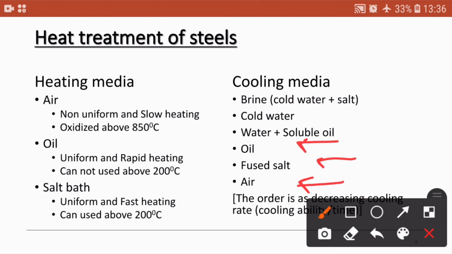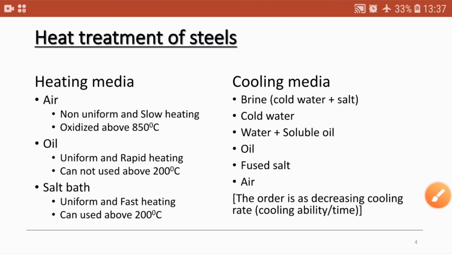In oil 1 hour. Water plus soluble oil means 30 minutes. This is 20 minutes, and this is 10 minutes. If you want a faster cooling rate, then brine or water plus salt can be used, and air is for a normal or slow cooling rate.